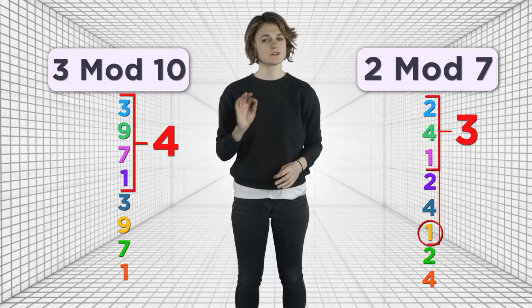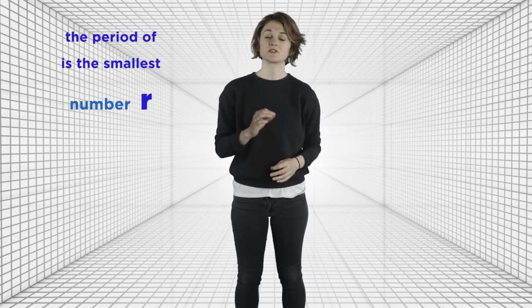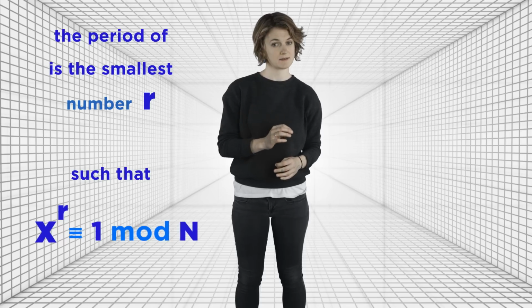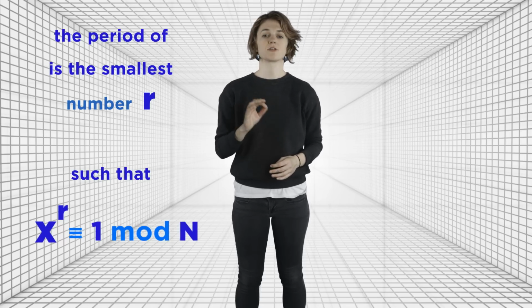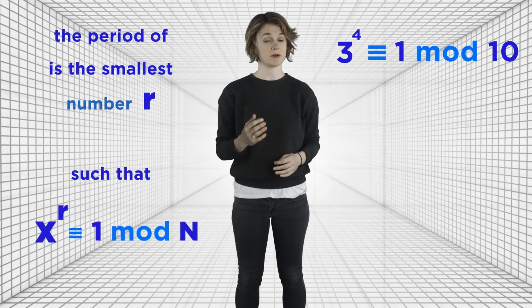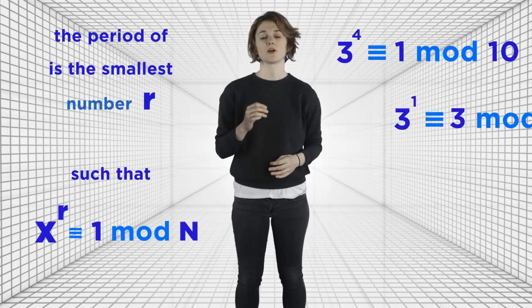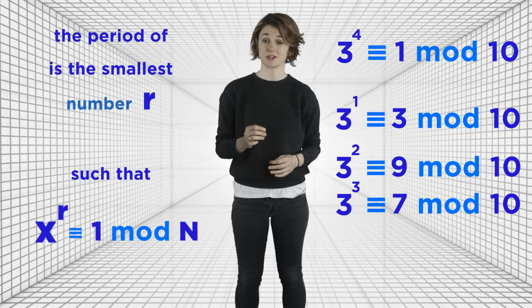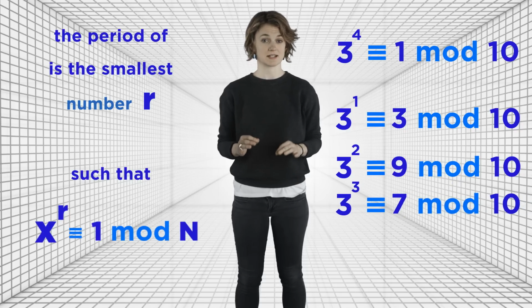Here's why the period is important. If the period of x mod n is some number r, then r is the smallest number such that x to the r is congruent to 1 mod n. For example, 3 to the 4th is congruent to 1 mod 10, but 3 to the 1st, 3 squared, and 3 cubed are not 1 mod 10.